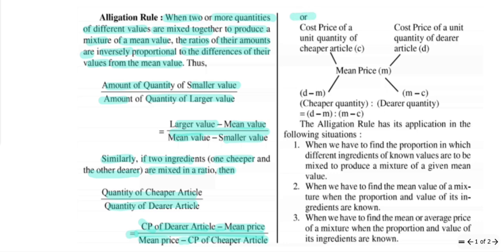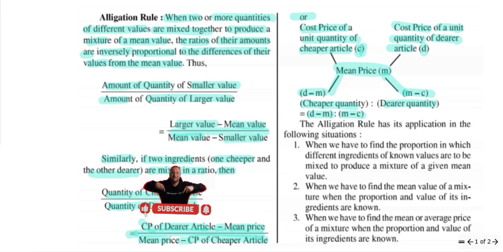Let the cost price of a unit quantity of the cheaper article be C, and the cost price of a unit quantity of the dearer article be D, with the mean price M in the middle. With the help of that, we are able to figure out D minus M and M minus C. Finally, the ratio of cheaper quantity to dearer quantity becomes D minus M to M minus C. This rule only we are using very often in the problems.